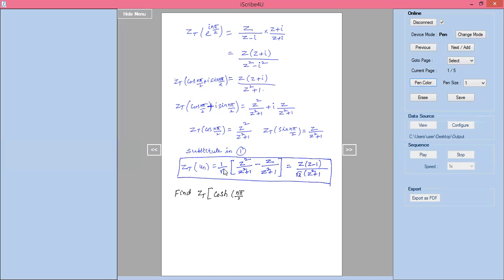Previously, cos n pi by 2. Here, cosh of n pi by 2 plus theta. Right. How do you simplify this?